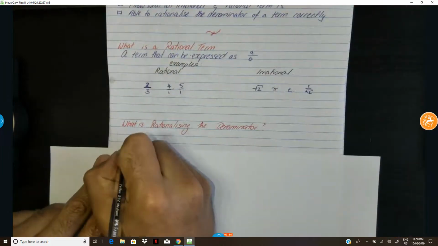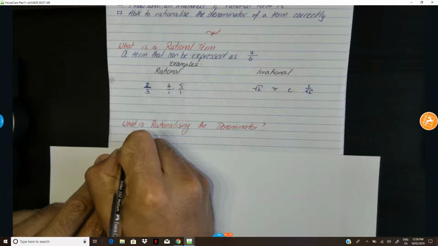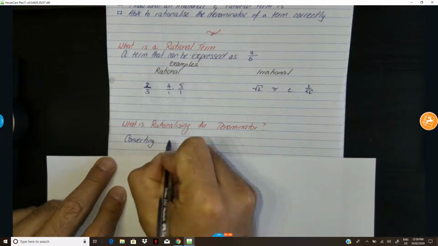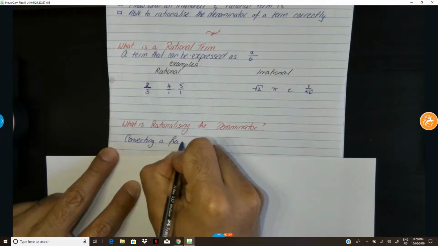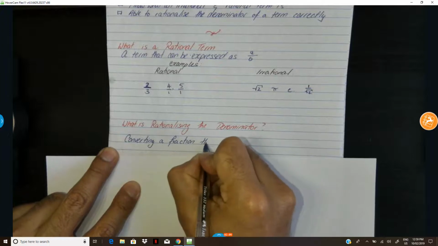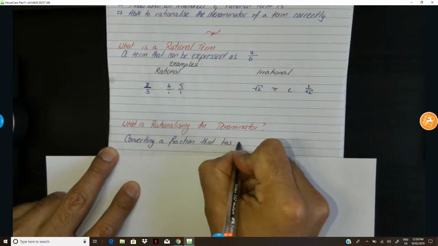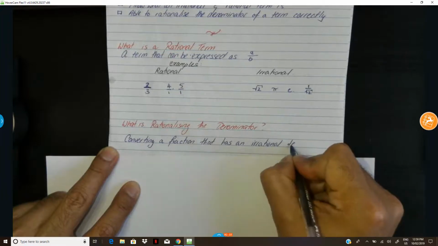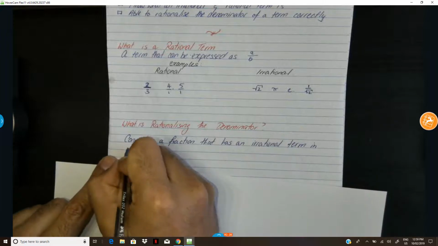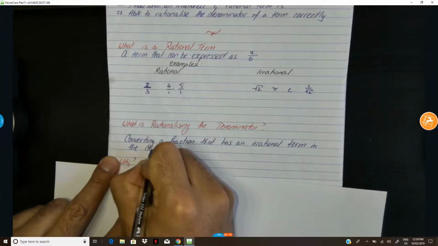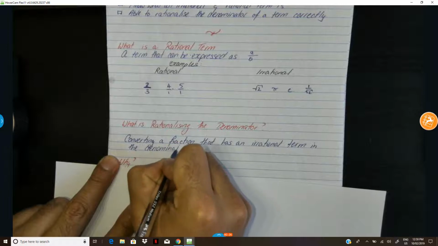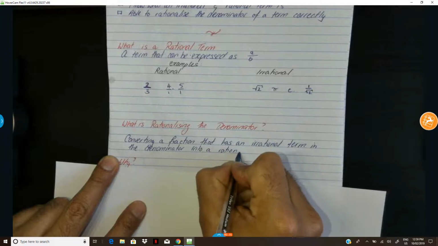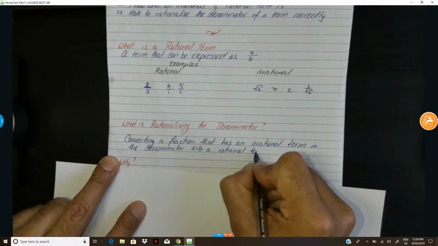It is converting a fraction that has an irrational term in the denominator into a rational term, such as an integer.